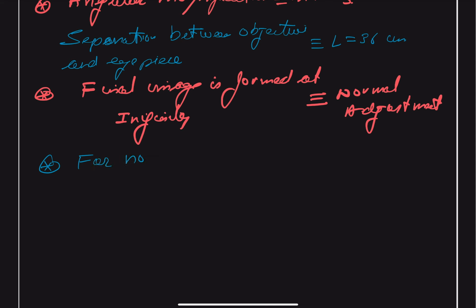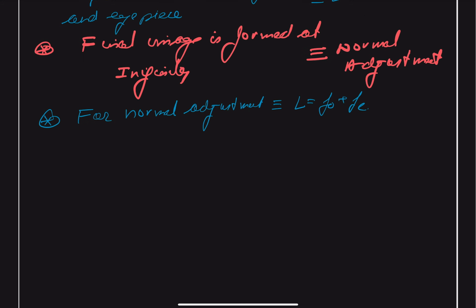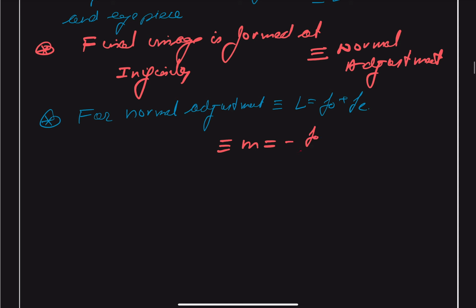For normal adjustment, we have L equal to the focal length of the objective plus the focal length of the eyepiece. And also the magnification, for the normal adjustment, that is our M, is given as minus F0 upon Fe.